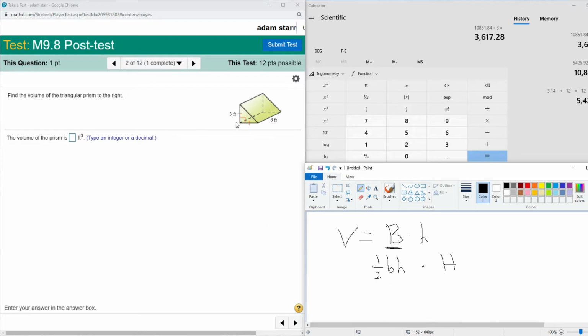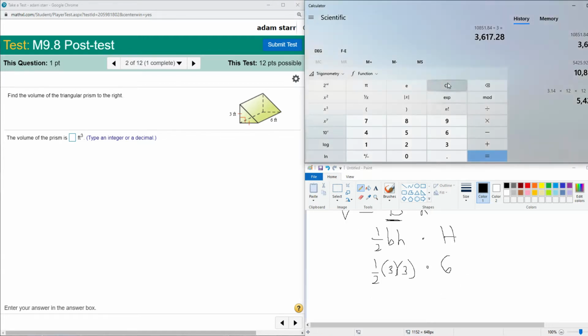So to find the area of this triangle, it's 1/2. My base is 3, and my height is also 3 of that triangle. Again, the base and the height, because it's a right triangle, this base and this height are both 3. Okay, they have that same tick mark. And then the height of my prism here is this 6 feet.